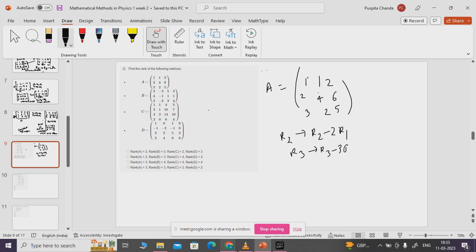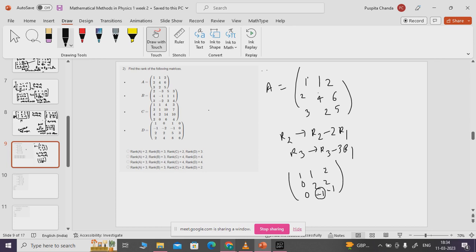R3 is R3 minus 3 into R1. We will get 1 1 2, 0 2 2, 0 minus 1 minus 1. Then we need to make this 0.